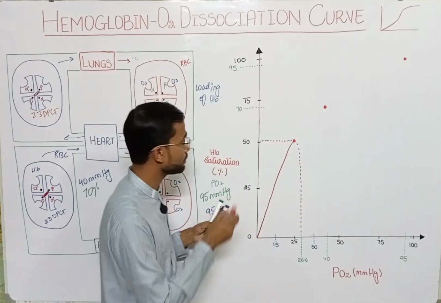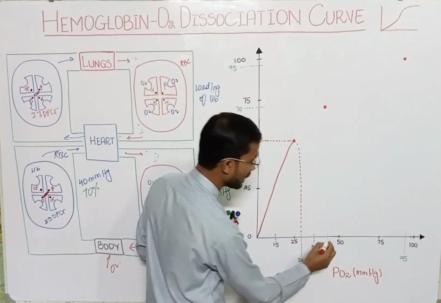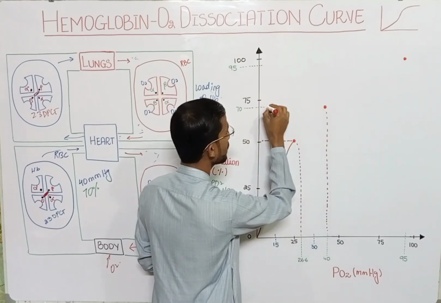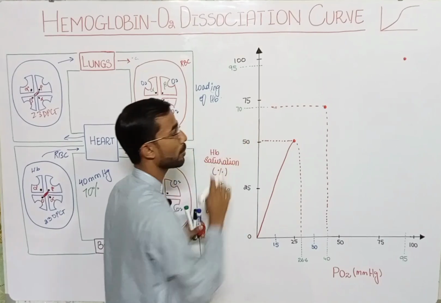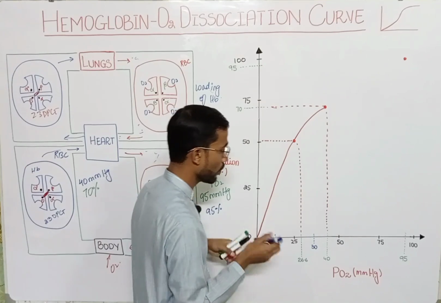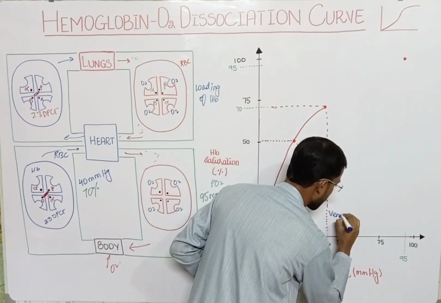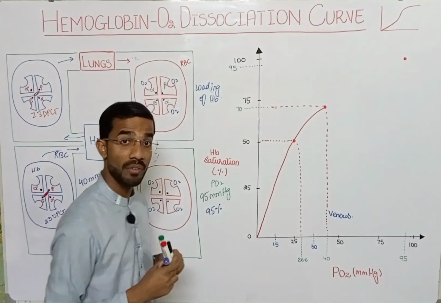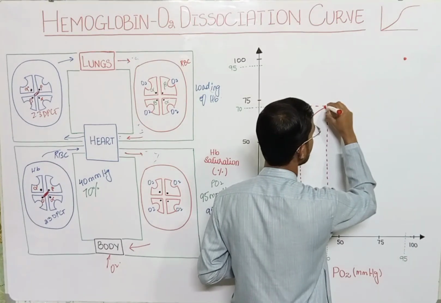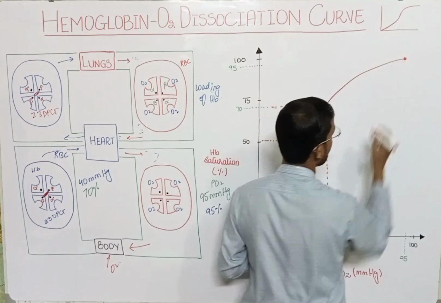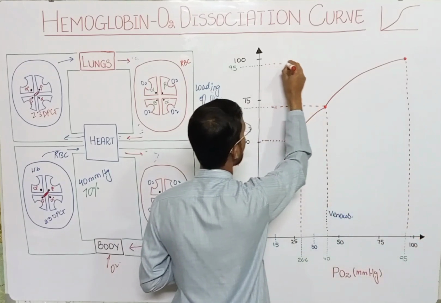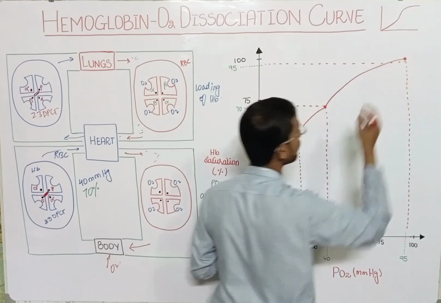Now at 40 millimeters of mercury, 70% of the hemoglobin will be saturated, and this case is for the venous system, the veins. And if we talk about the artery, at 95 millimeters of mercury you will see 95% saturation of the hemoglobin.